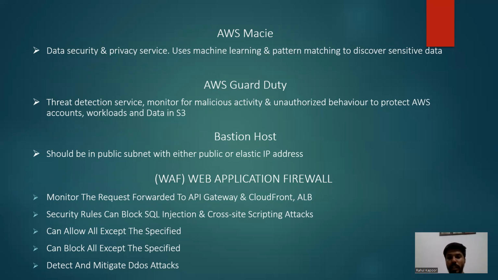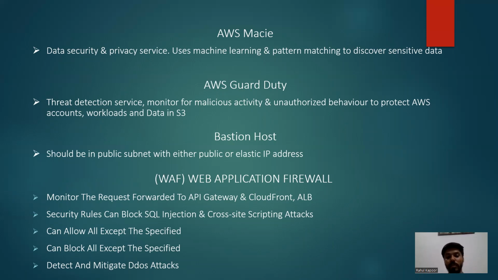Like GuardDuty is a threat detection service, but Macie is a data security and privacy service. In general, both are for security reasons, but you need to be very specific about what exactly they do.